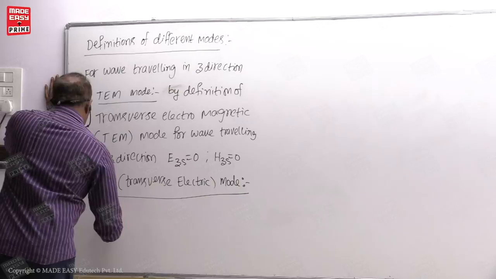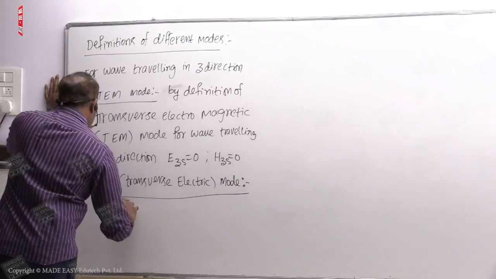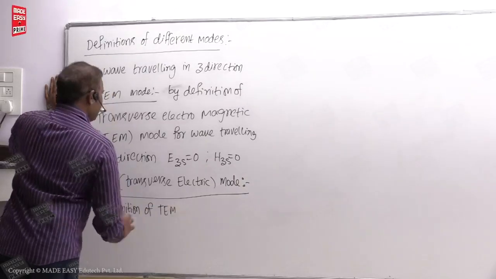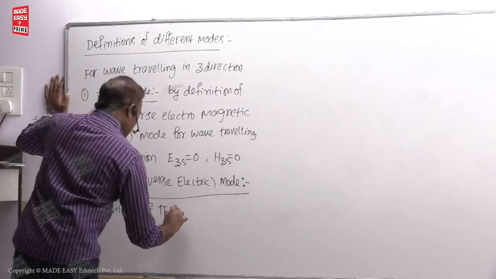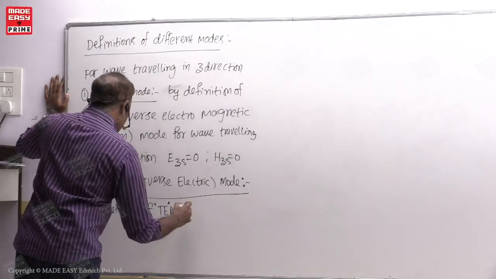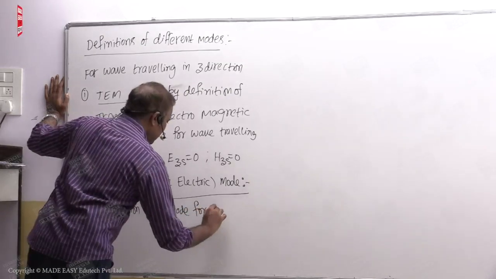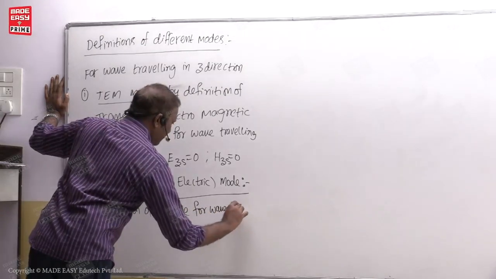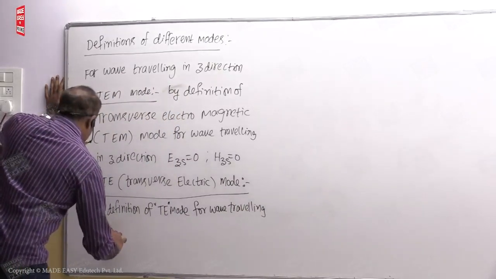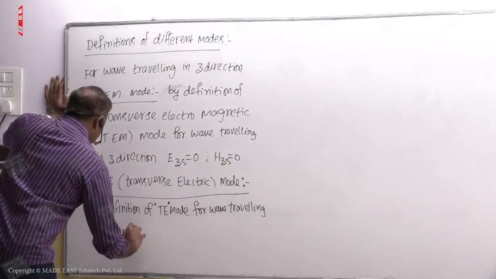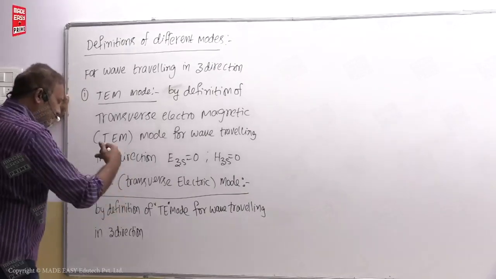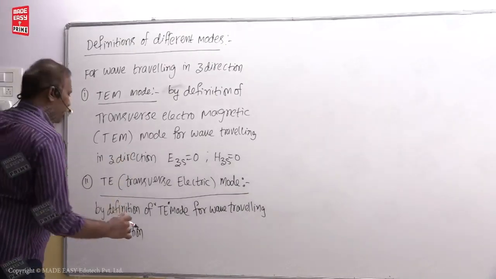By definition of TE mode, for a wave traveling in z direction, that means the transverse electric component, the electric component should be 90 degrees to the wave propagation direction.